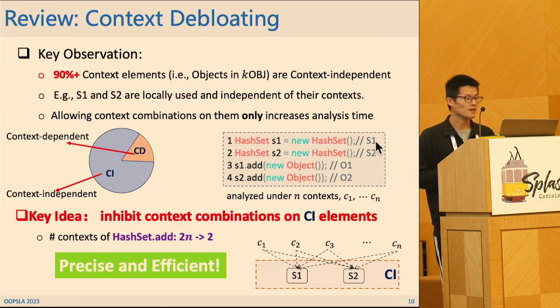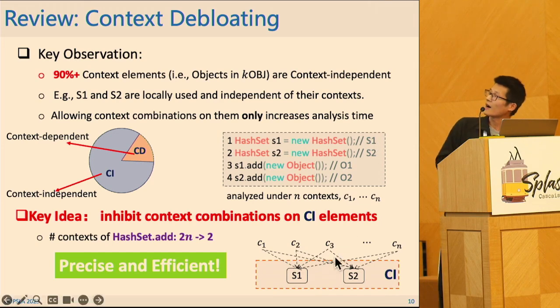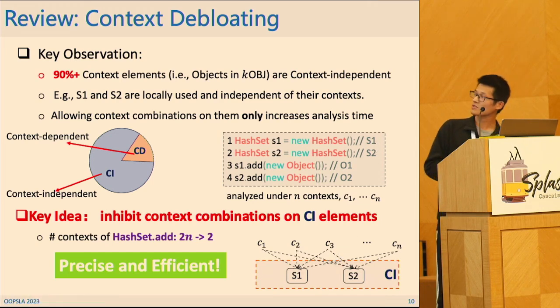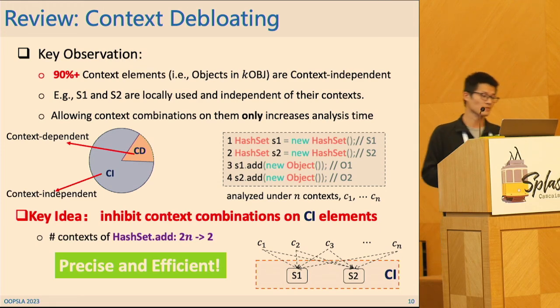So the key idea of context-debloating is to inhibit the context combination on context-independent elements. Given that S1 and S2 here are context-independent objects, we can inhibit the context combinations shown in the dotted lines. So the contexts of the add method will decrease from 2n to 2, which will make the pointer analysis very efficient without any precision loss.